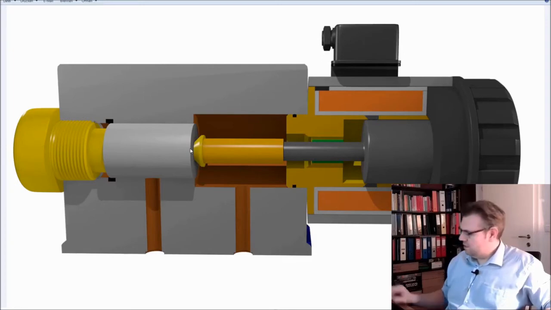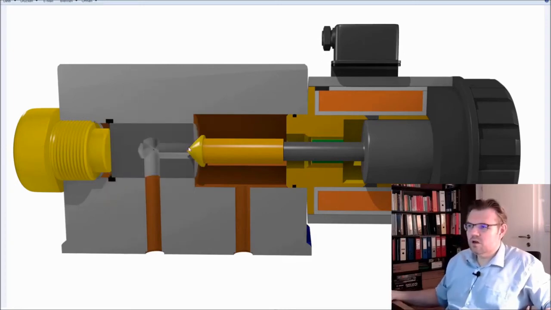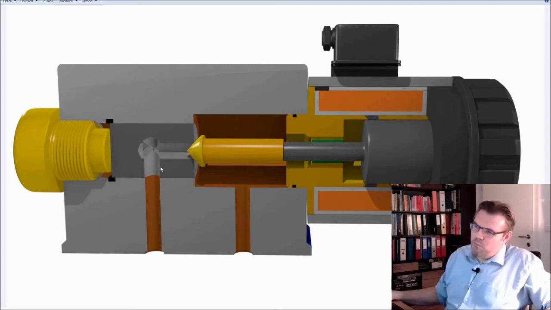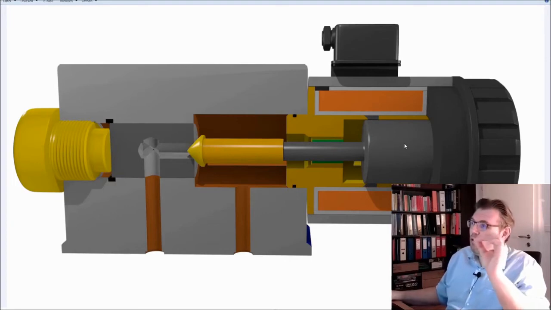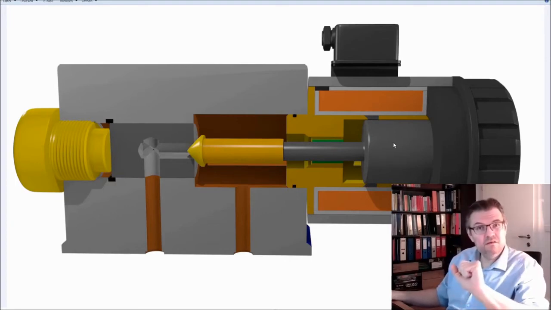The cone is resting in a hole here. So if there is pressure coming, it will only be able to open the cone if the pressure force is high enough to overcome the force which comes from the magnetic field.